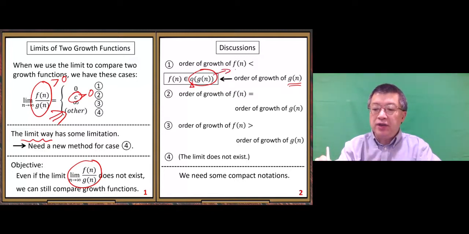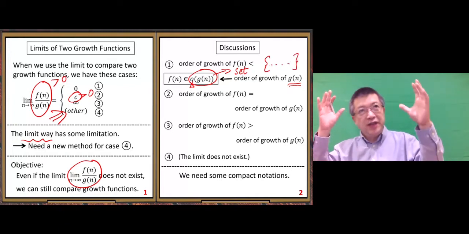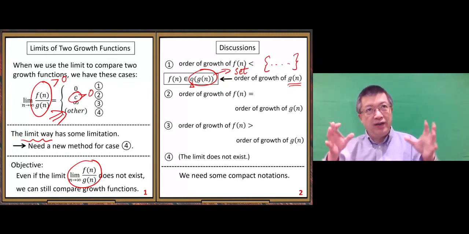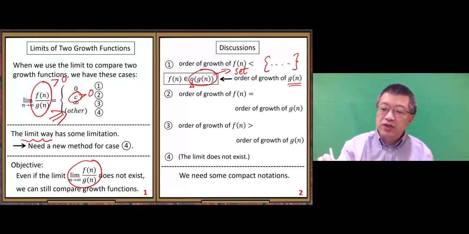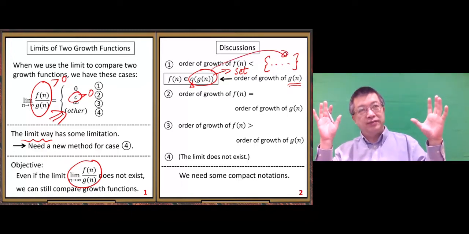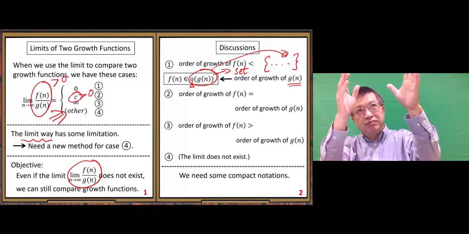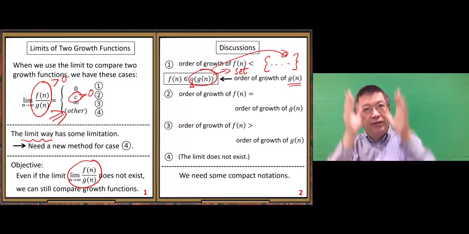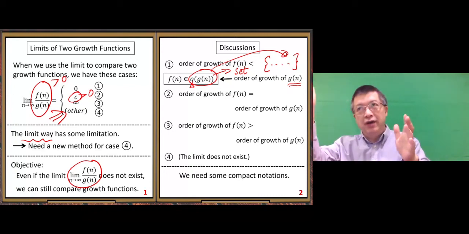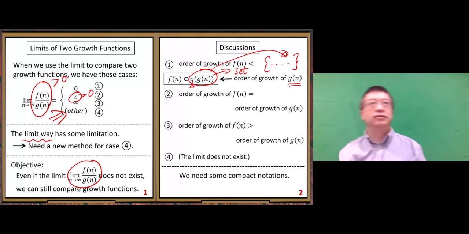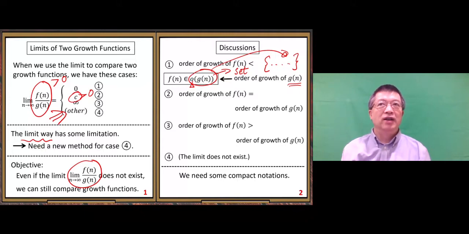This represents a set of functions. What functions can be placed in this set? Those functions where, if you take the ratio with g of n and take the limit, you get 0, then you put them in that set. That's the meaning.